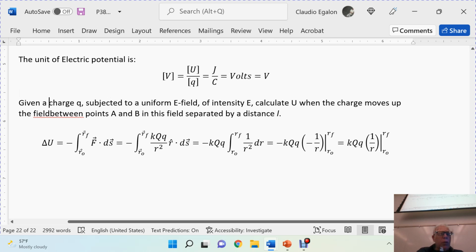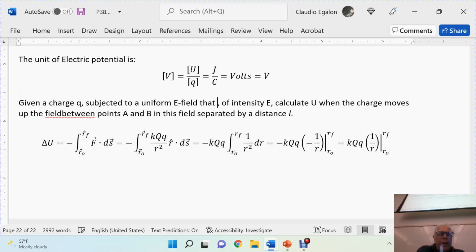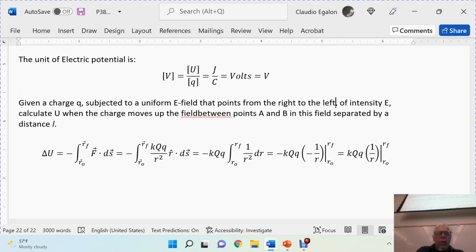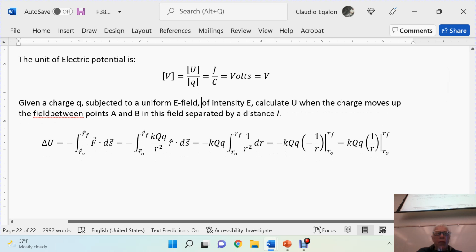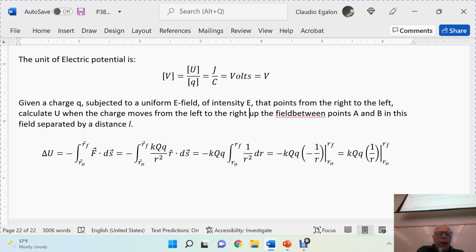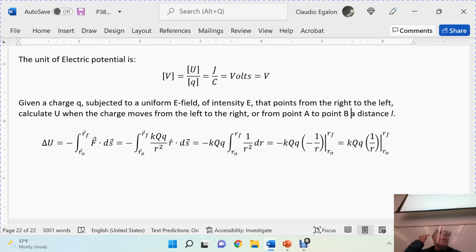Given a charge subject to a uniform electric field that points from the right to the left, of intensity E, calculate U when the charge moves from the left to the right, or from point A to point B, at distance L. That's how you formulate this problem.